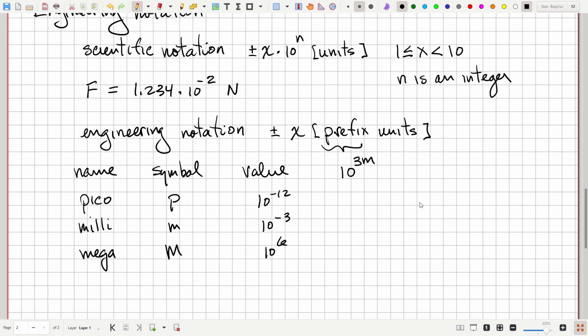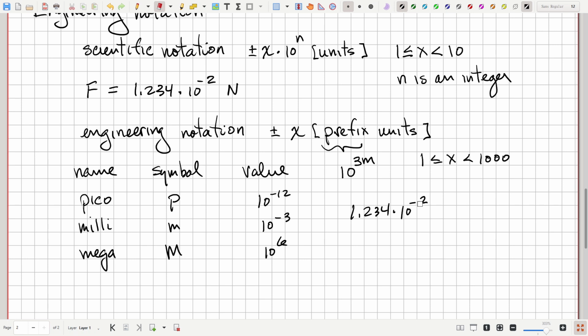So let's look at our force up here, 1.234 times 10 to the minus 2. We want to represent that as something times 10 to the minus 3, and this x should be between 1 and 1,000. This is almost just a little bigger than 1, so we want this to be either 10 to the 0 or 10 to the minus 3.